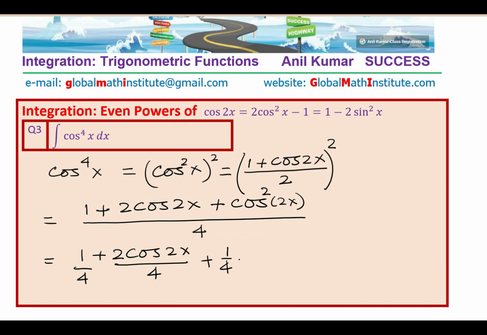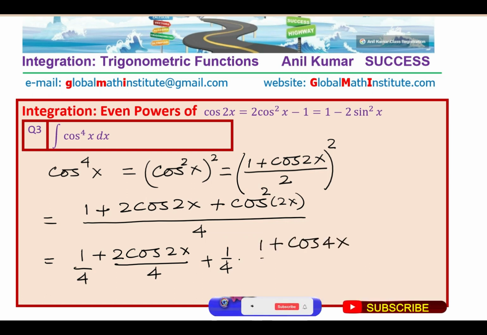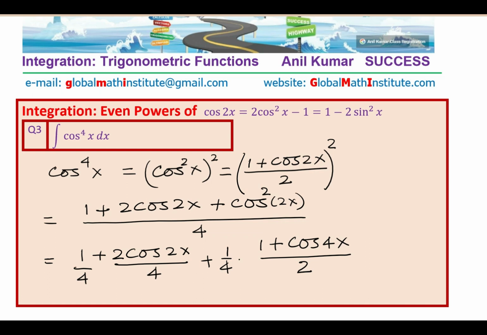So when you rearrange cos²2x, we again get 1 plus cos 4x over 2, right? So that is what you get. So that becomes the equivalent expression for cos⁴x, right? So 1/4 of this, right?